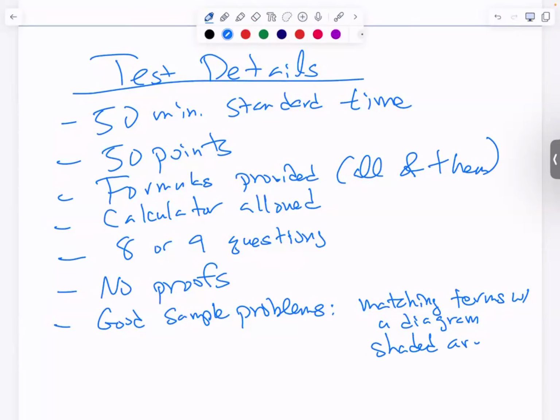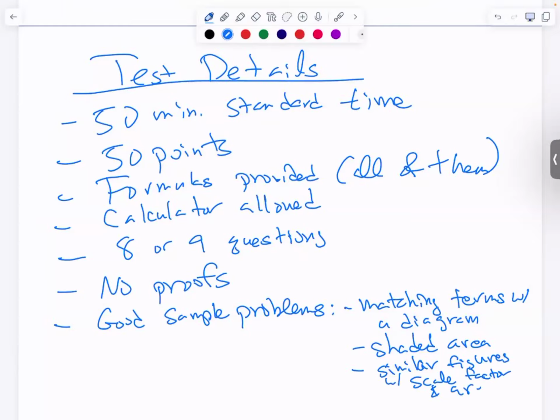Shaded area. Similar figures. Similar figures with scale factor. We've talked about that.